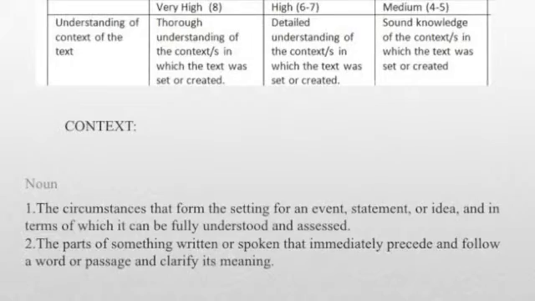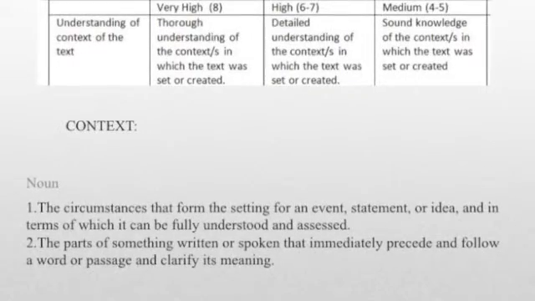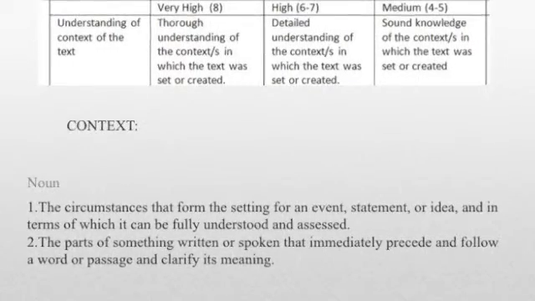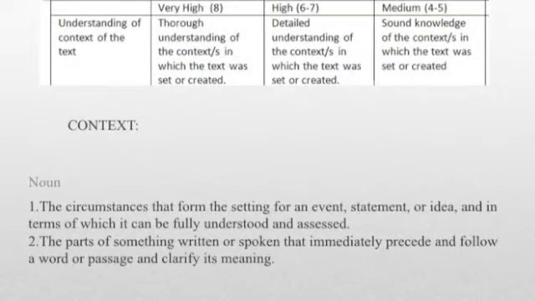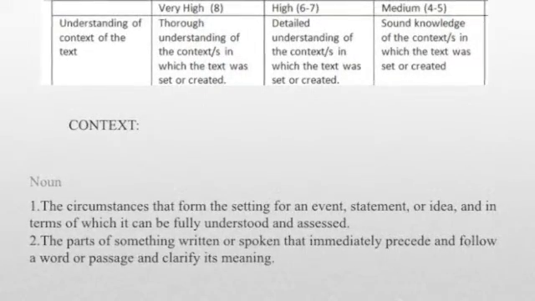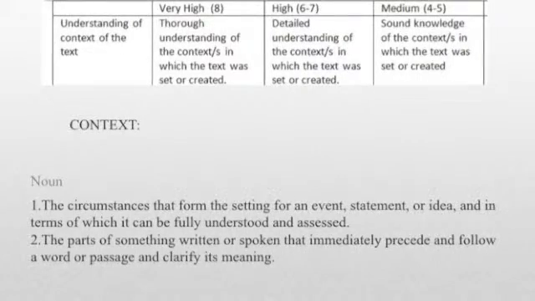First criteria is context, understanding the context of the text. This is really the background, the history, the historical period, the ideas that were important for those authors and where they came from.